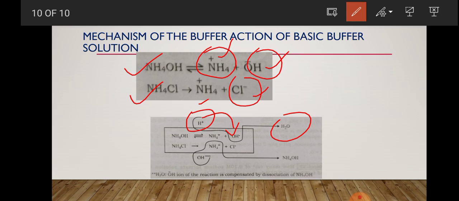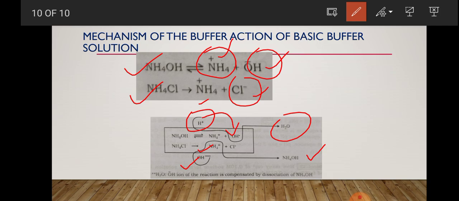And again, if we add a small amount of alkali, that is hydroxide, then hydroxide ion is increased due to dissociation of alkali, and then it reacts with ammonium ion to produce ammonium hydroxide, and ammonium hydroxide is weak base. It remains undissociated because already ammonium ion is present in the solution.